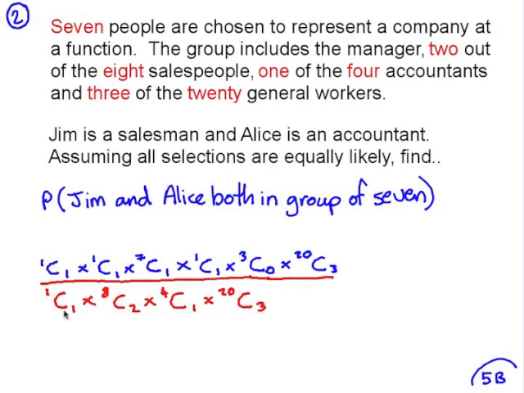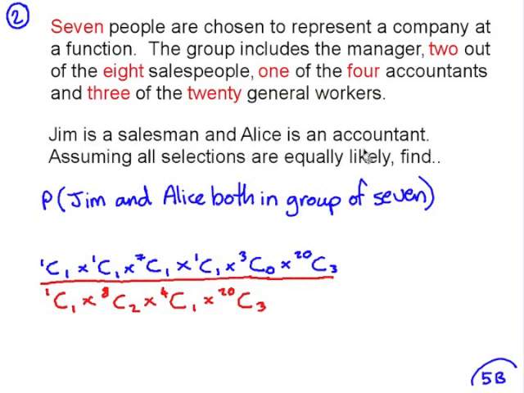So writing it this way with the denominator written first, we've got our manager, our salespeople, our accountants, and our general workers. The manager and the general workers don't change. But because Jim is a salesman, instead of 8 choose 2, we've now got 1 choose 1 and 7 choose 1.